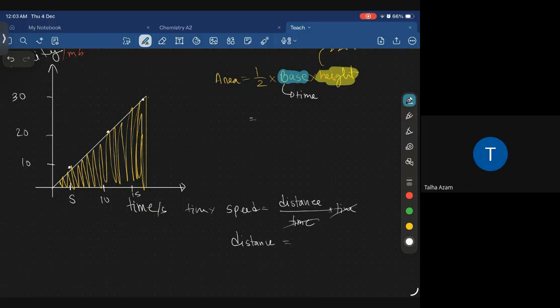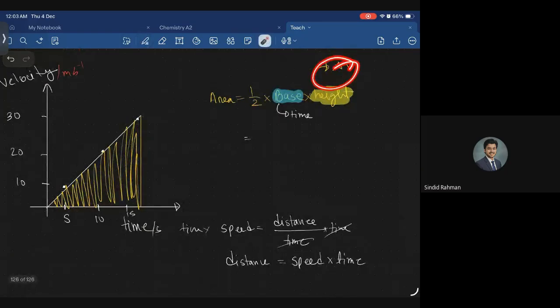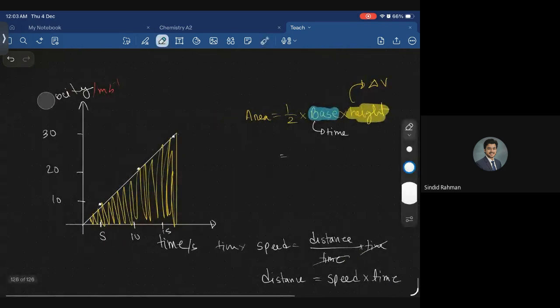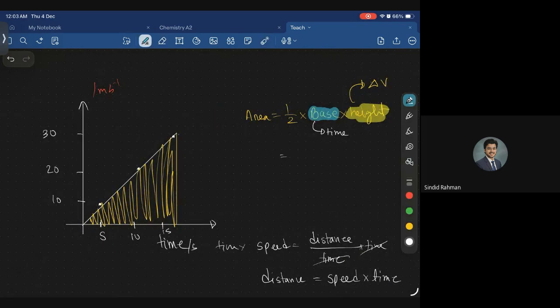So we are left with speed into time, right? If it's not velocity, let's keep it speed, let's keep it simple. Speed, and this is the speed, right?